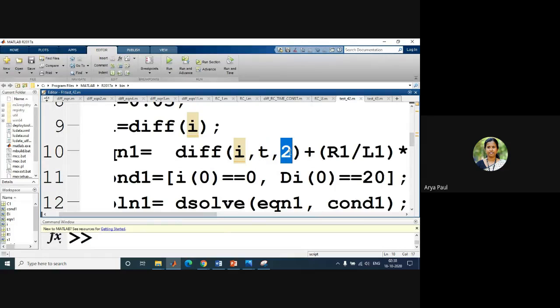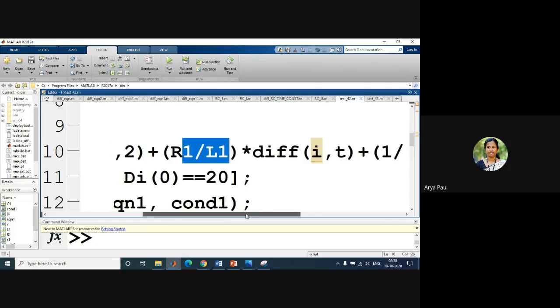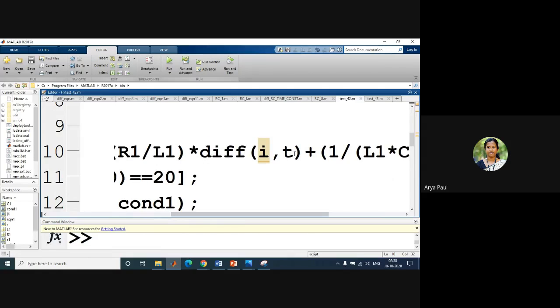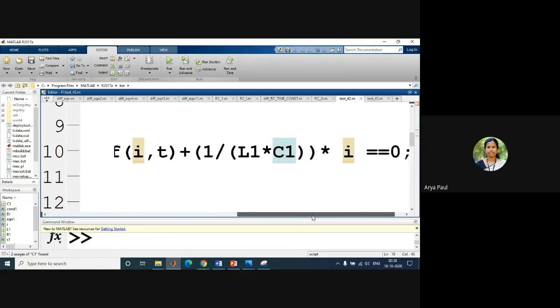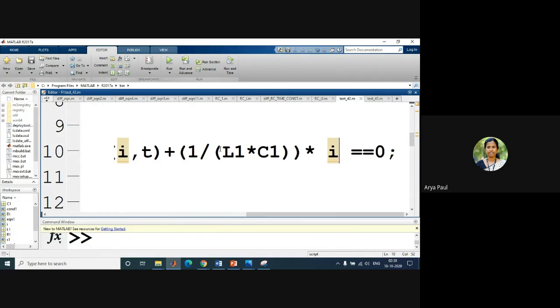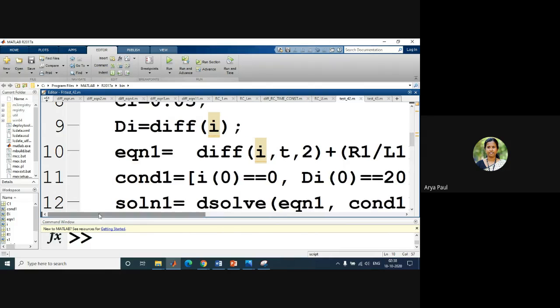This 2 indicates d square I by dt square, plus R by L, R1 by L1, R by L into di by dt plus 1 by LC into I. You need to put brackets for 1 by LC also. So 1 by LC into I equal to 0. That is your equation, which I am putting as equation 1.